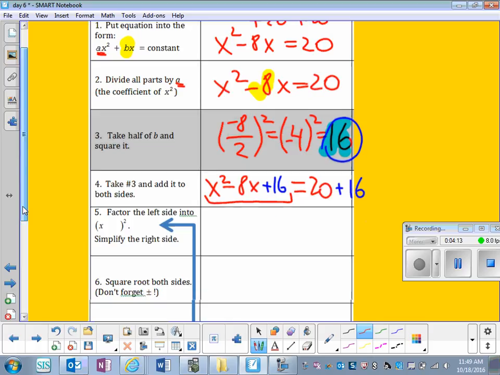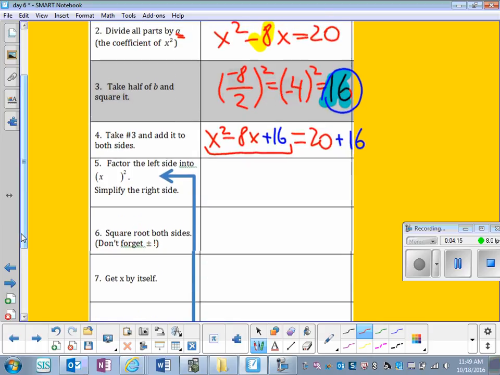So the trick here is that you can just take half of b and use it in my factor: x minus 4 squared equals, and then whatever I have on the right, I just simplify. 20 plus 16 is 36.